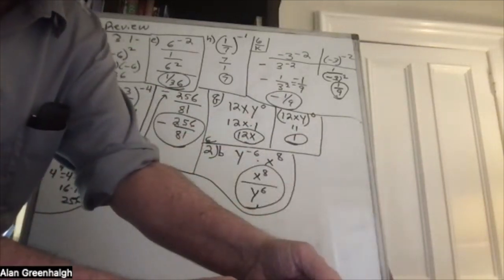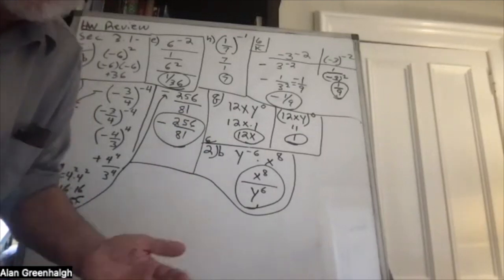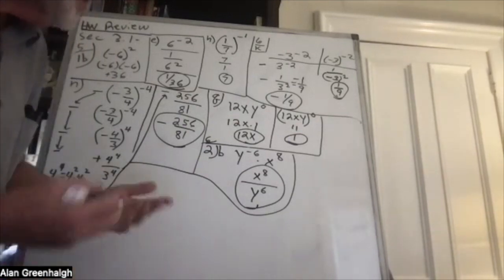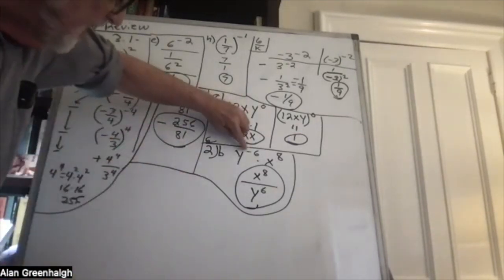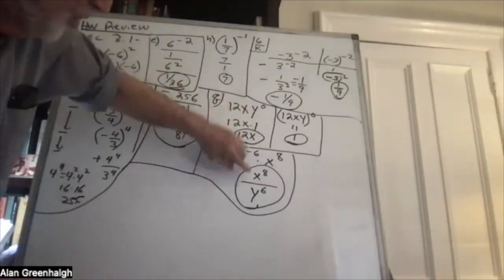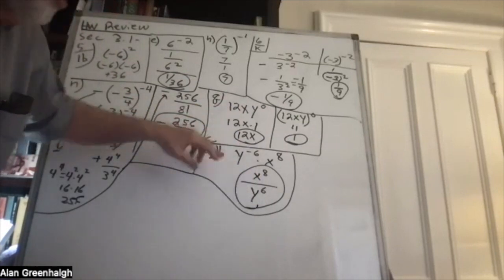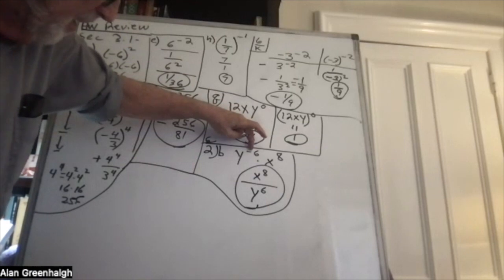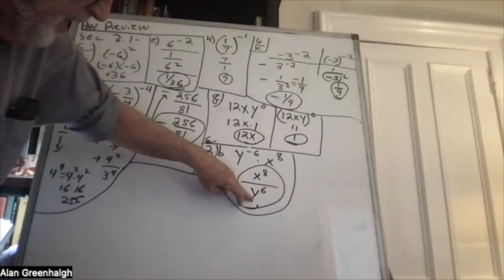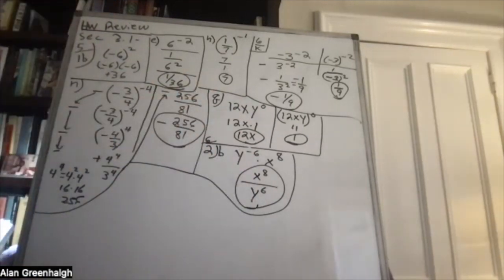No. It sounds funny, and I guess it is funny. I've been using it for 55 years, and people always laugh, but that's really what it is. This negative is an indication of what you're supposed to do. Once you do it, you leave it behind. So this is like your stop sign. It says, put me in the denominator. I did. Now get rid of it. Okay. Got it. Thank you.